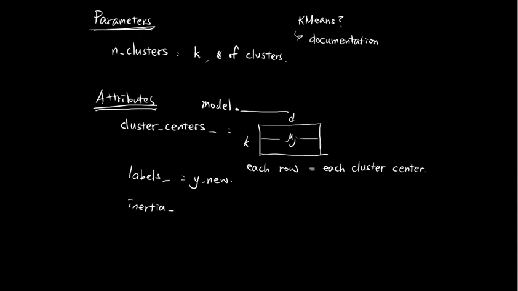Most of these are suggested by the name, and so inertia is the inertia, right? Here I'm just going to give you the mathematical formula, but you should already know what it means. Xi minus the center, and take the squared sum.